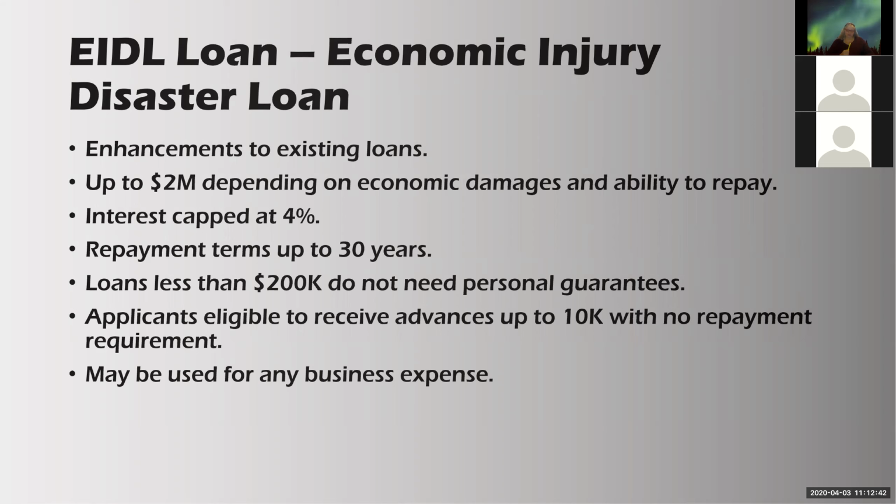Where with the PPP loan you didn't have to have a personal guarantee or collateral, with this one you do have to have collateral. But you still don't have to have a personal guarantee if the loan is under 200K instead of going up to the full 2 million.